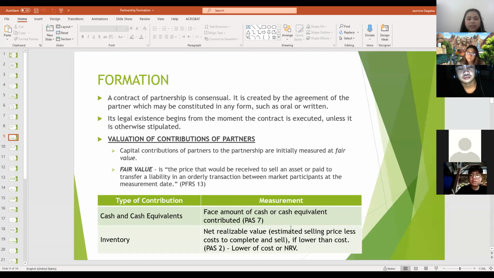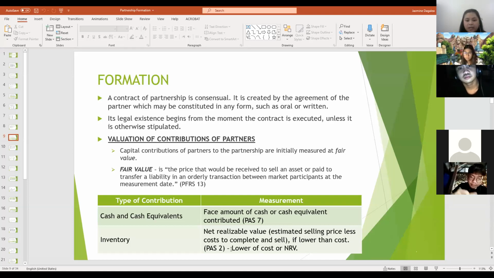Unlike inventory, its fair market value can be determined. So you will measure your inventory at the lower of cost or net realizable value. How do you compute the net realizable value? It is the estimated selling price less costs to complete and sell, if lower than cost.